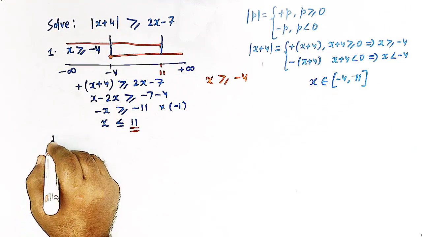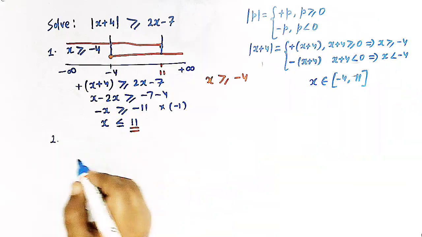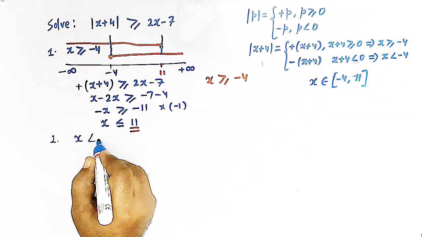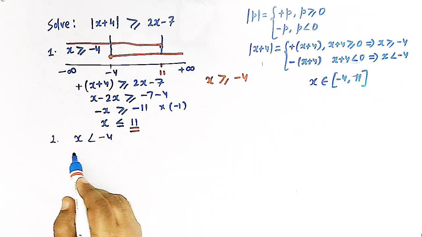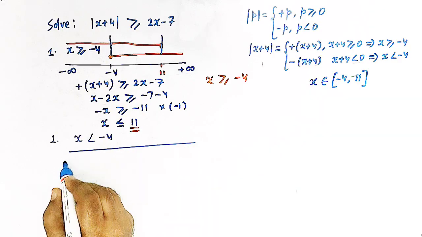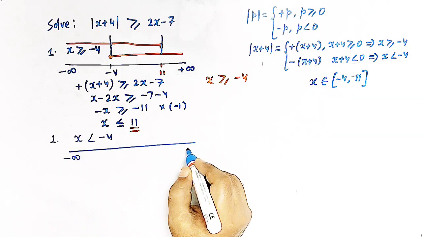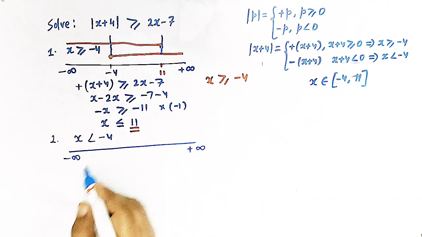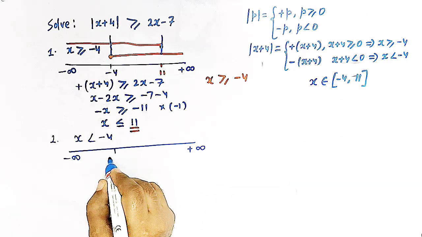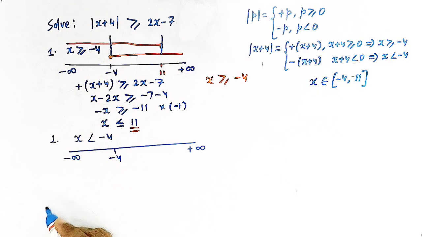So now let us consider the second case when we have x less than -4. So let us again draw the real number line. So here we have minus infinity, here we have plus infinity, and here we have minus 4, right?